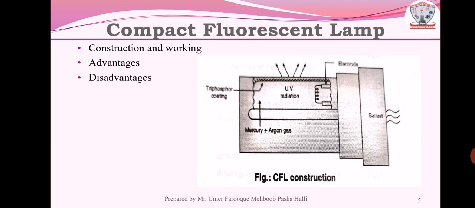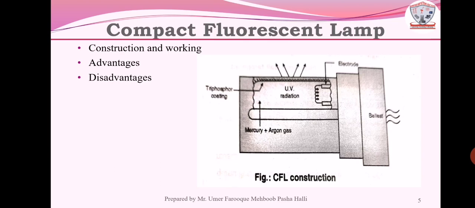The construction of a CFL typically consists of a gas filled tube with two electrodes mounted in one end cap. It contains low pressure argon gas and mercury vapor, and the inside of the tube is coated with three different phosphors.